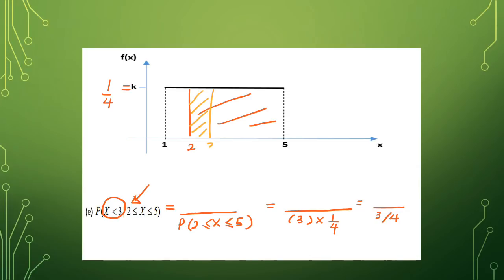So it will be the probability between 2 to 3 only. For 2 to 3, the width will be 1 times the height 1 over 4, and that will give you 1 over 4. So altogether the probability will be 1 over 3.